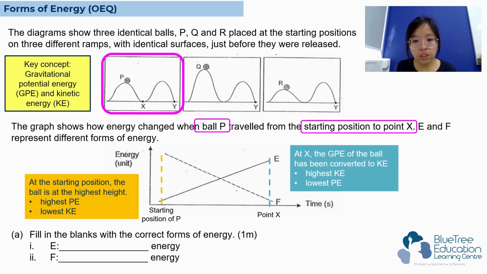And therefore, there will be higher kinetic energy and lower potential energy at the end. Okay, so once we see this, you can see that graph E is increasing. So it should be the kinetic energy which is increasing, and graph F is decreasing. So it should be the potential energy that is decreasing. Okay, so that is all for part A.